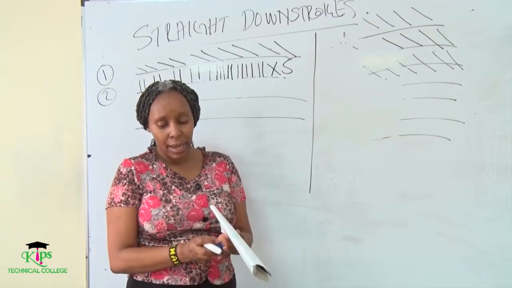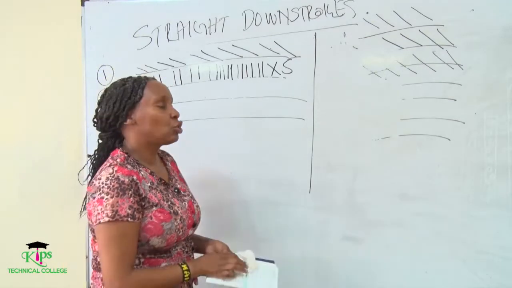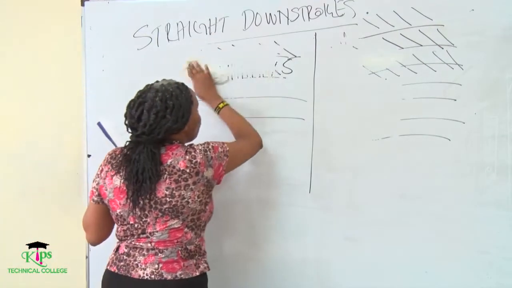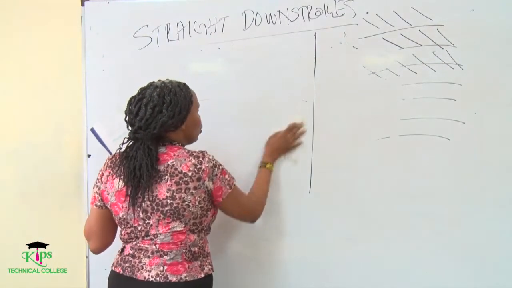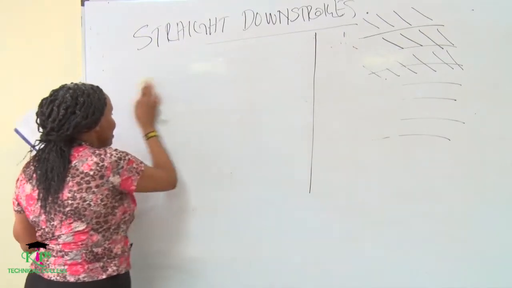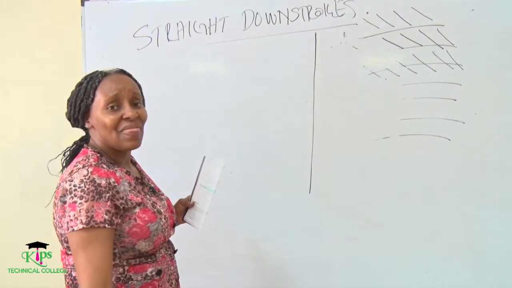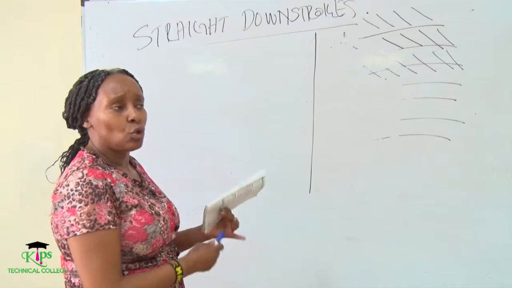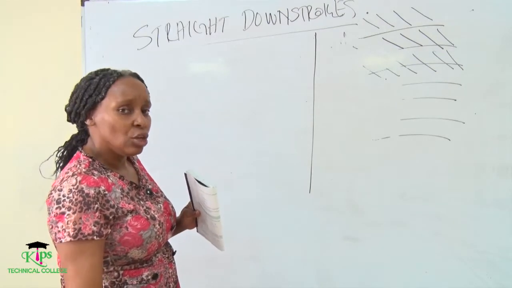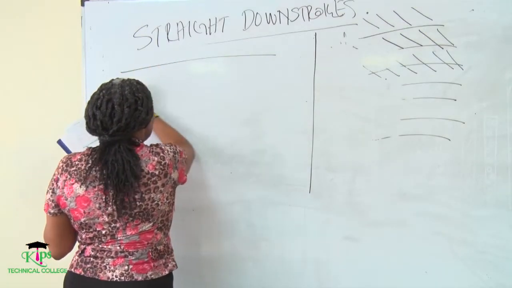Okay, so we'll go to the next part where we say in shorthand we join consonants. Remember, we've got the first consonants in shorthand: P, B, T, D, and J. So we also say that we join consonants. Joining consonants means you can join consonant P to B, so that it can give a certain sound.